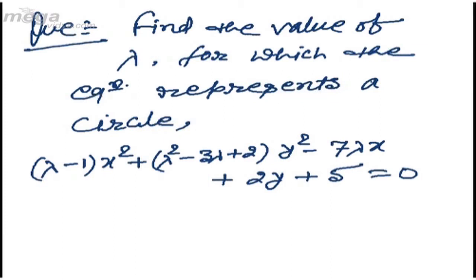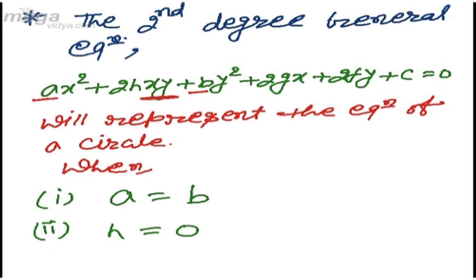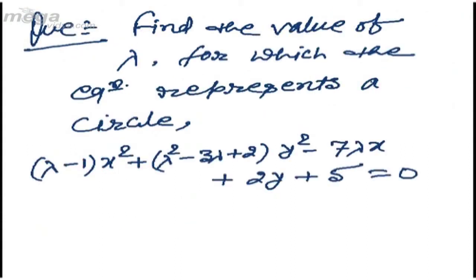When it is in the general form, this will represent the equation of a circle when the coefficient of x square and coefficient of y square are equal, and coefficient of xy is 0. In this situation, the xy term is not given here. It means automatically the coefficient of xy is 0.